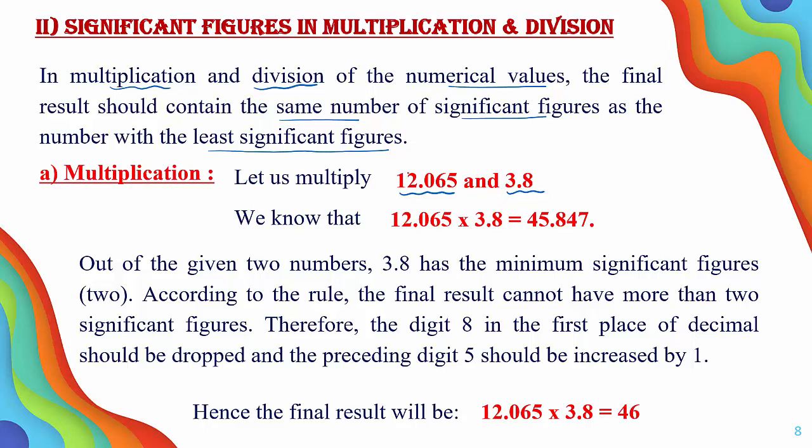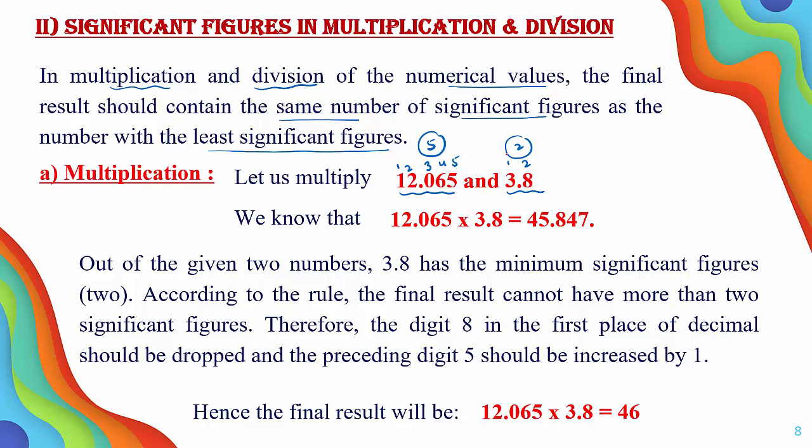In the first number, 1, 2, 3, 4, 5: totally 5 significant figures. In the second number, 1, 2: totally 2 significant figures.